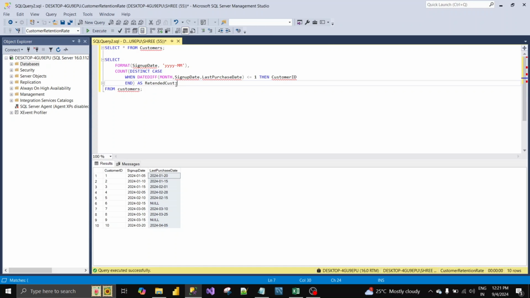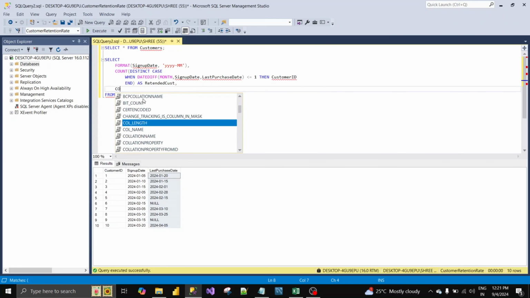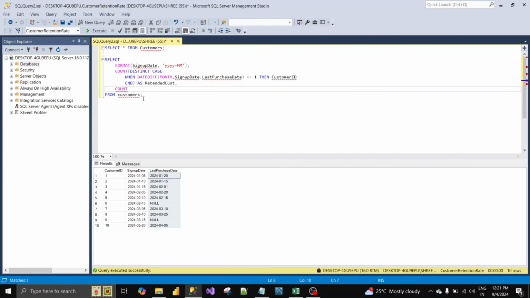And then the other thing, I will take the count distinct of the customer ID. So I'm giving this as cust count, and then we need to group by on the basis of month.